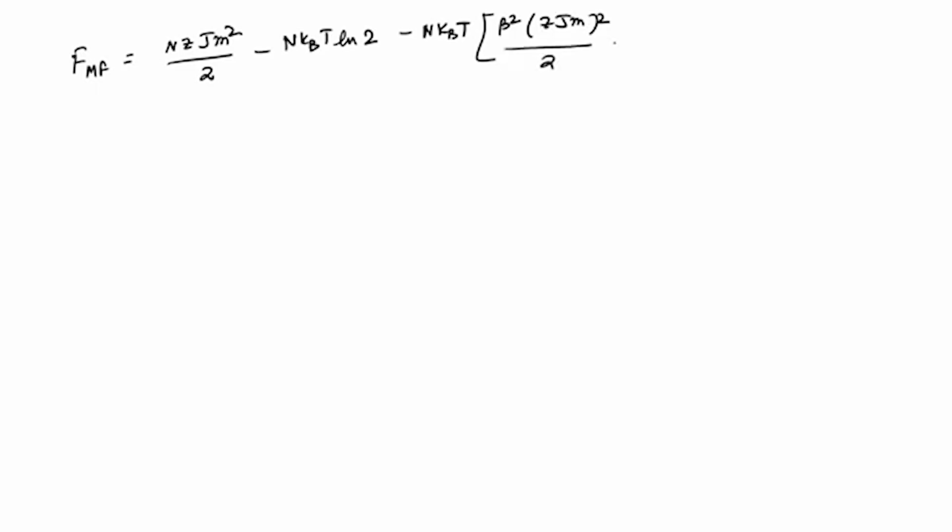That is the first term, and the second term is beta to the power 4 z j m to the power 4 divided by 12, and chopping it off here, not writing the other terms, which are x to the power 6 and x to the power 8.